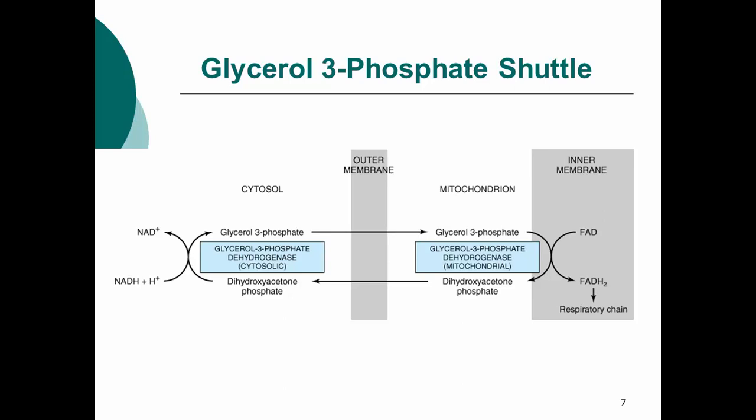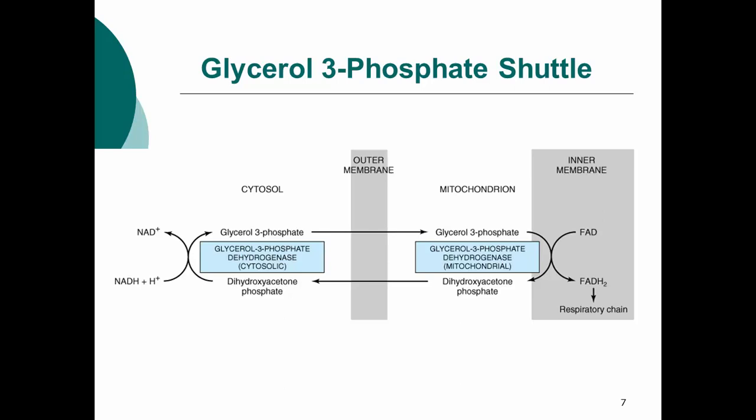The glycerol 3-phosphate shuttle passes the electron from NADH in the cytosol through the mitochondrial membrane, and in the mitochondria passes the electron to FAD molecules, which can be converted to FADH2, right? So you connect this here to here.